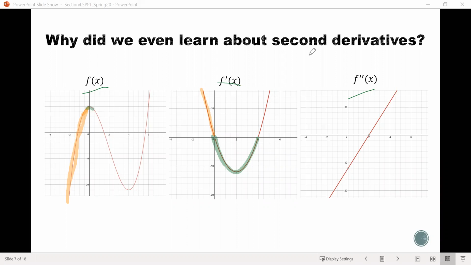If we look at the graph of our function between 0 and 4, we see that the function is in fact decreasing on that interval. Finally, for values greater than 4, the first derivative is positive, so the function is increasing, which is what we see over here. Okay, so that's the relationship between the function and its first derivative.